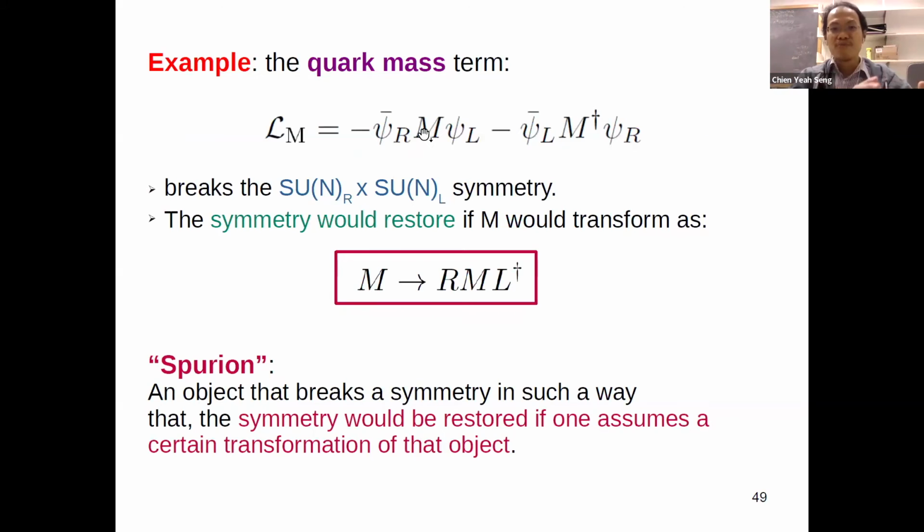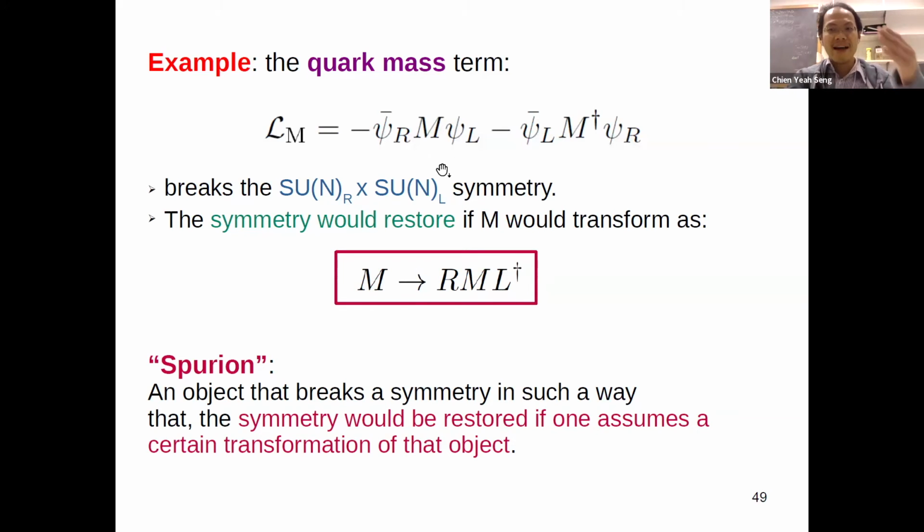If you assume that the quark mass matrix would rotate as m goes to R m L dagger under the chiral rotation, of course, in reality, it doesn't rotate. But if you assume that it rotates in such a way, then this term has, again, the chiral symmetry, because the R dagger here cancels with the R here, and the L dagger here cancels with the L here.